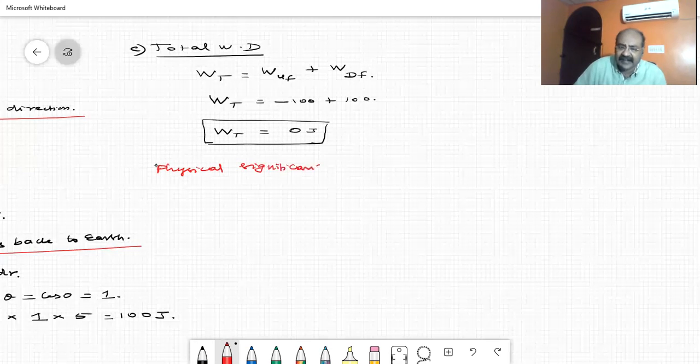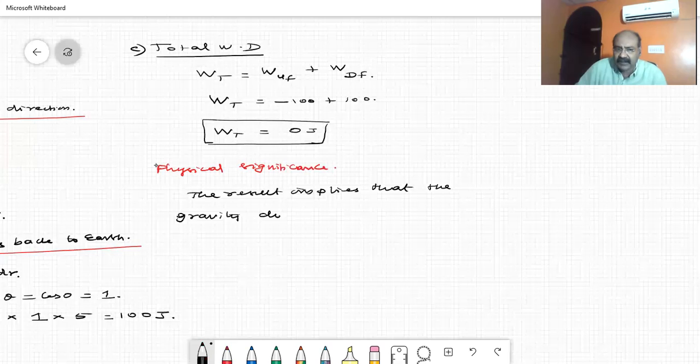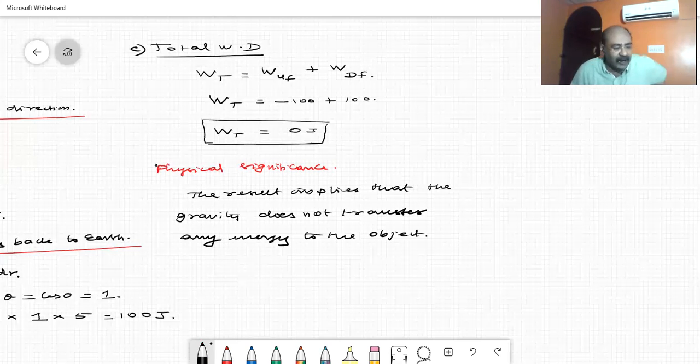The result implies that the gravity does not transfer any energy to the object, since the total work done is taken to be 0.